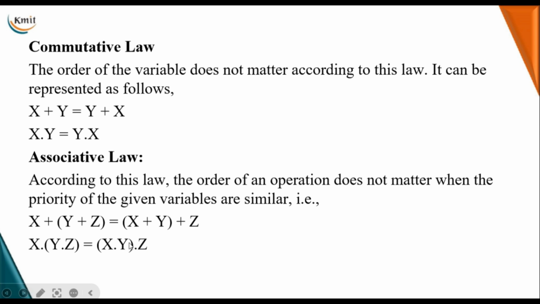Commutative law: this law states that the order of the variables does not matter. Though you are doing the OR operation between x and y or y and x, it would give you the same result. In the same manner, in the AND operation between the two variables, x AND y is equal to y AND x.